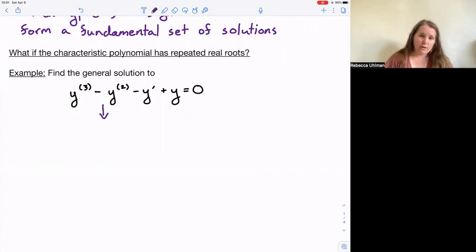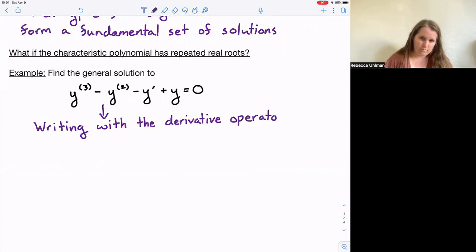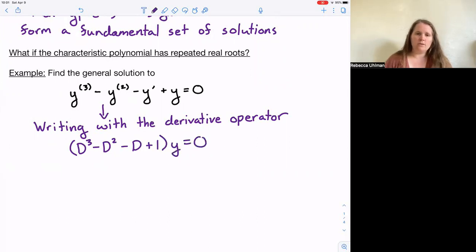So this we can write with the derivative operator. We have d cubed minus d squared minus d plus 1, all applied to y is equal to 0.